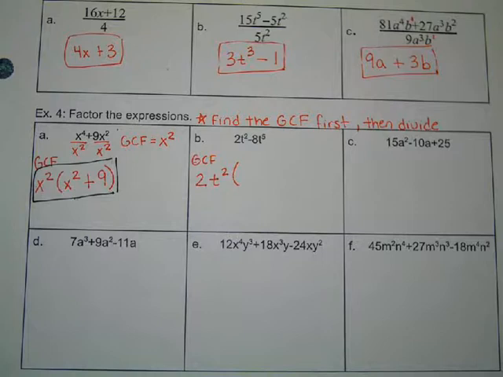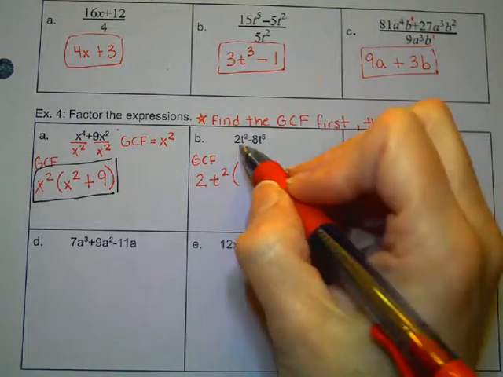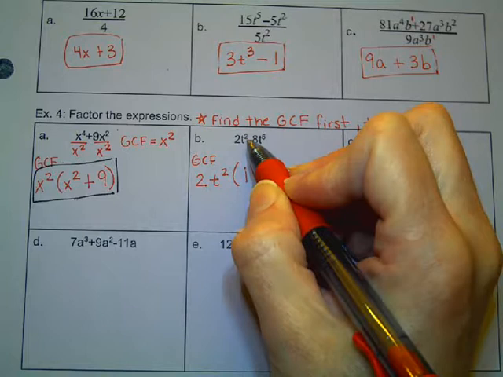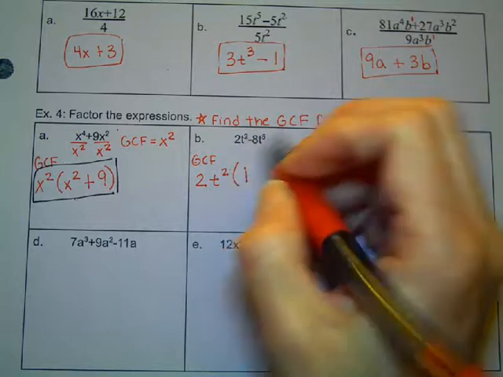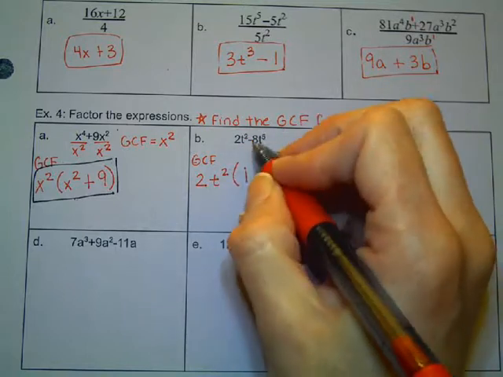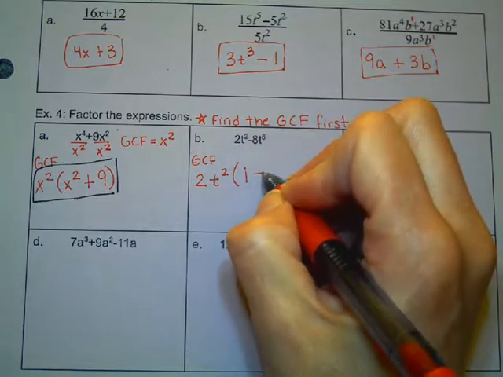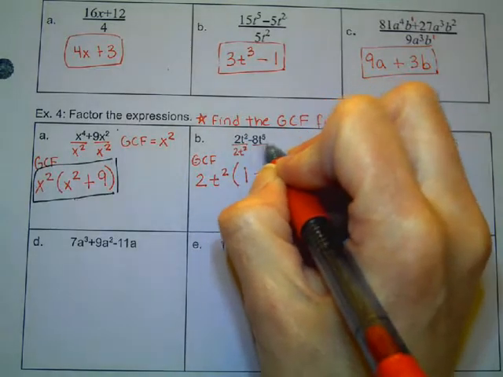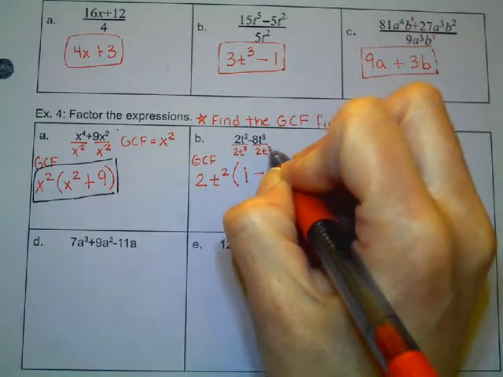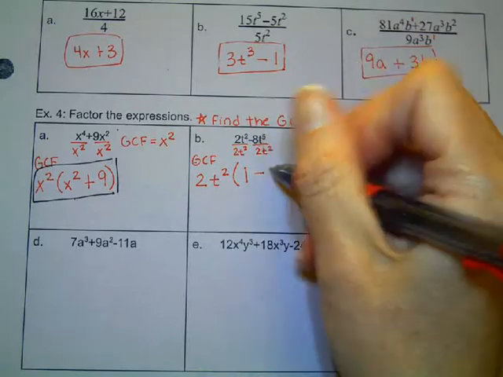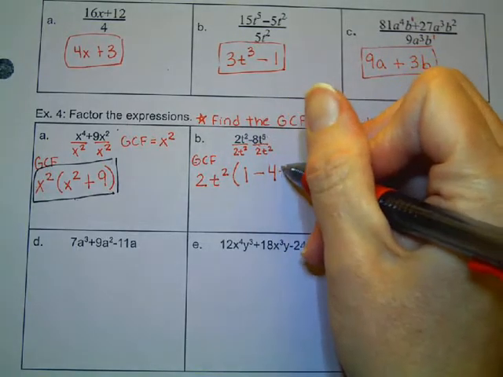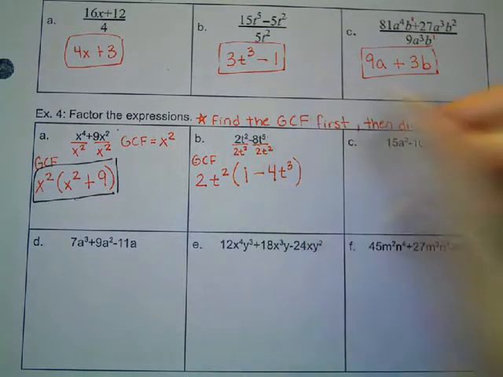So 2 divided by 2 is 1. And the exponent 2 minus 2 is 0, so there's no t's left. I'm going to bring down my minus sign. Remember, I'm just dividing each of these by that GCF. So this one, 8 divided by 2 is 4, and 5 minus 2 is t to the third.